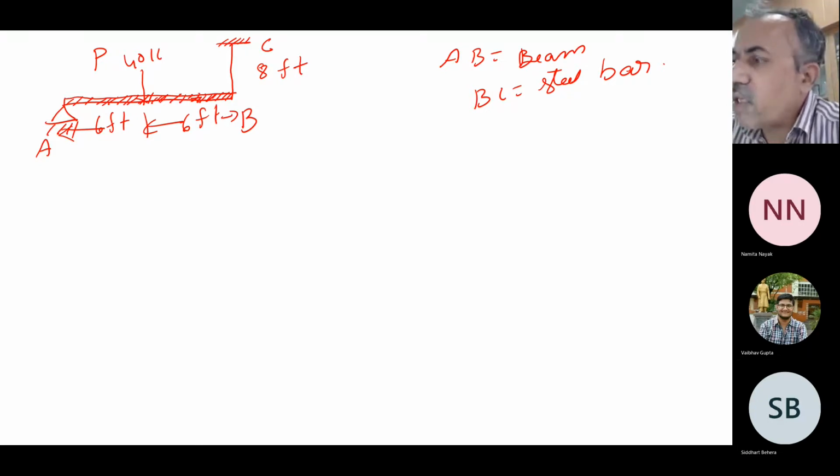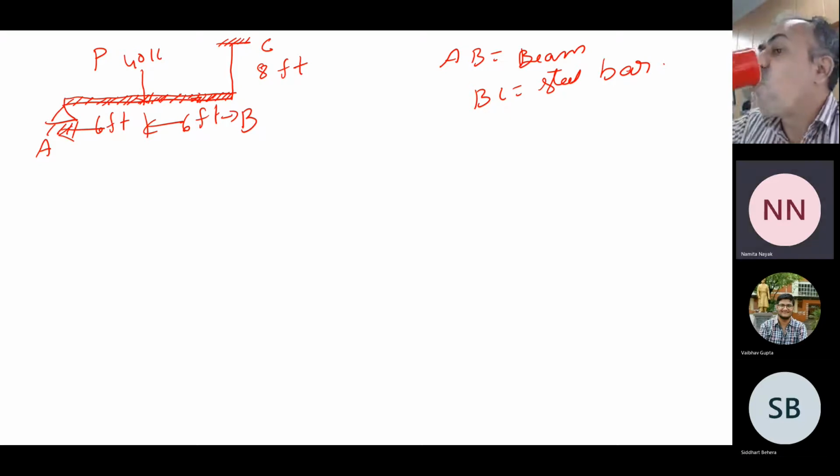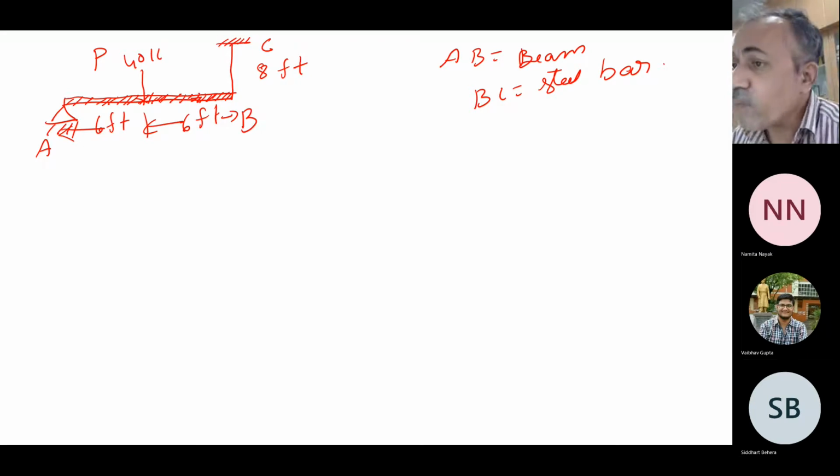Now you tell me whether they are connected in series or parallel. Series. Why is it series? Suppose the beam collapses, then what happens? The entire system will fail. Now suppose BC collapses, then also the system fails.